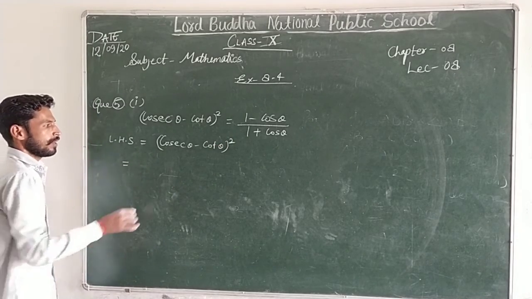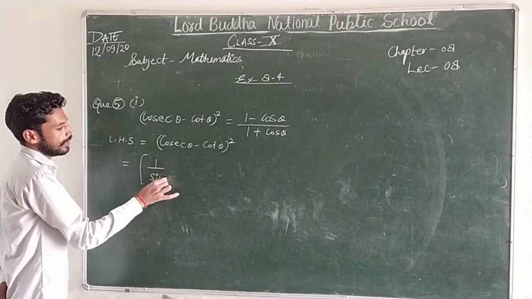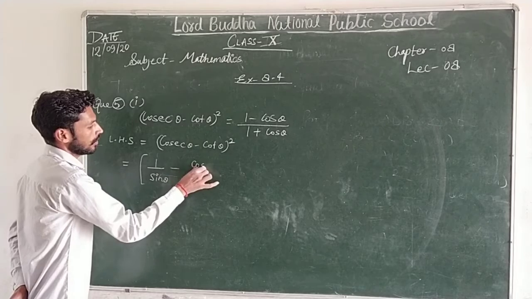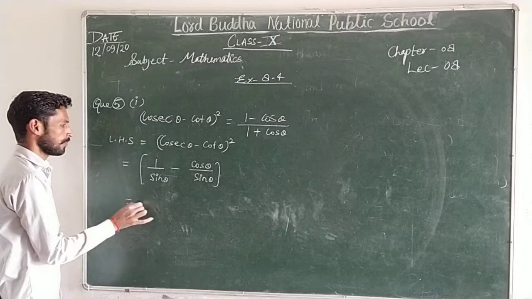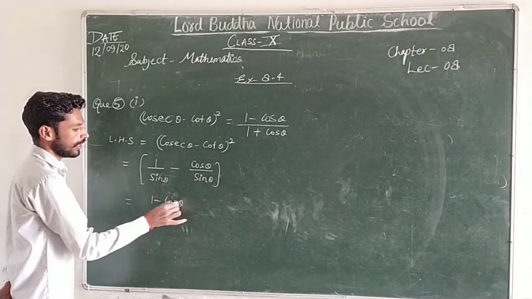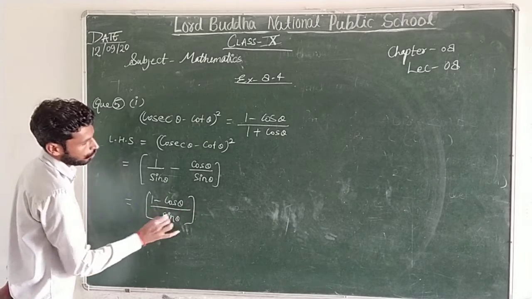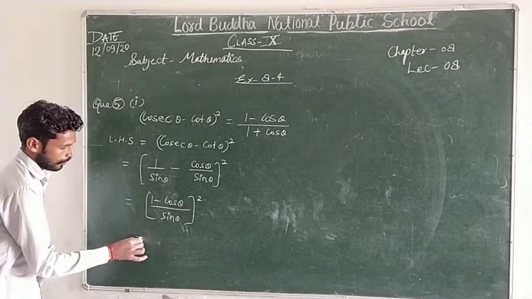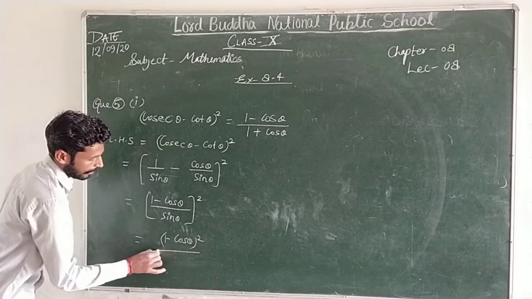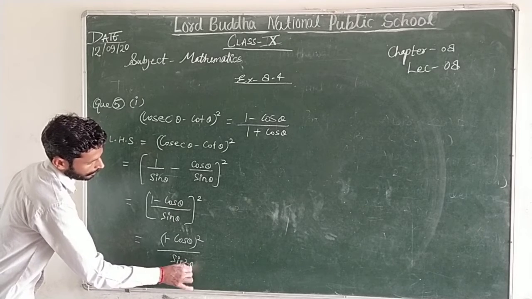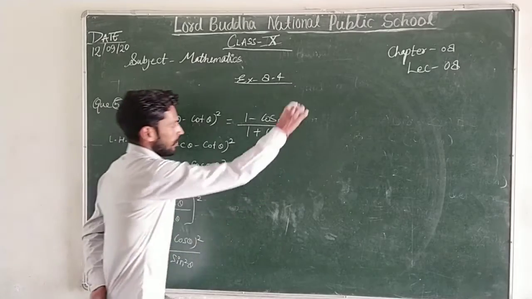Now we can write it as 1 upon sin theta minus cos theta upon sin theta, that is equal to (1 minus cos theta) whole upon sin theta, and take the whole square. So we can write it as (1 minus cos theta) whole square upon sin square theta, because there was a whole square, so take the square here.